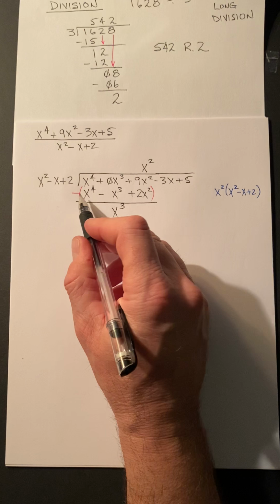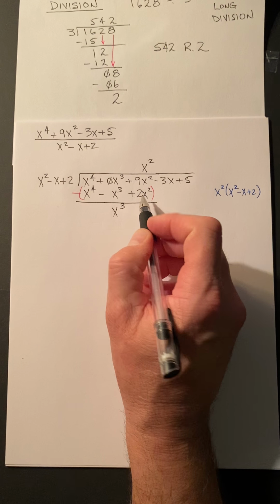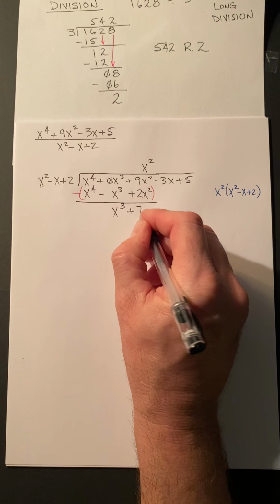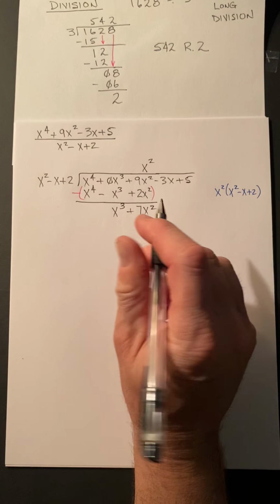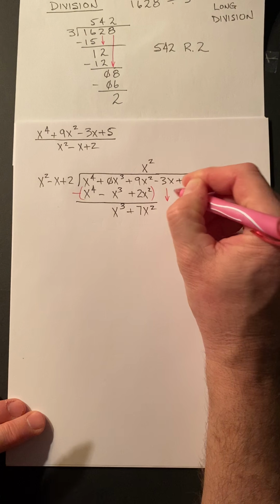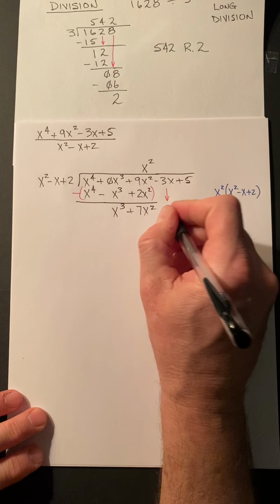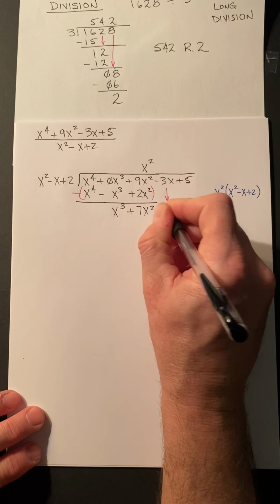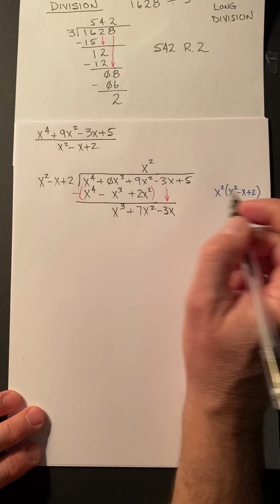Then 9x squared minus 2x squared gives me plus 7x squared, okay? So process stays the same. I bring down the next term, and I start all over again.